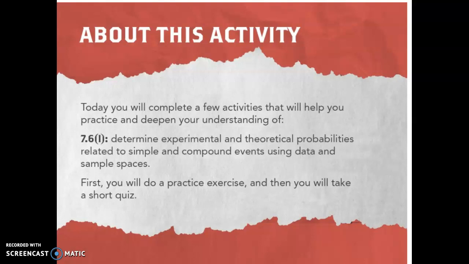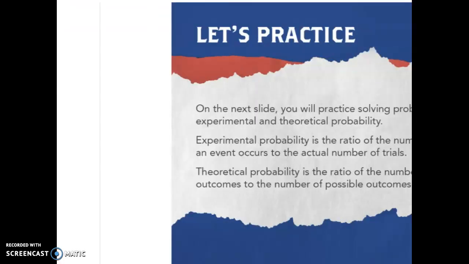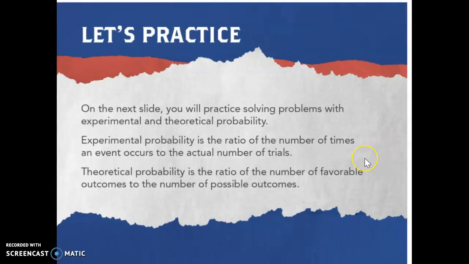Theoretical is what do you think is going to happen? Experimental is here's the data, what did happen. That's the biggest part. So let's practice. On the next slide, you will practice solving problems with experimental and theoretical probability.